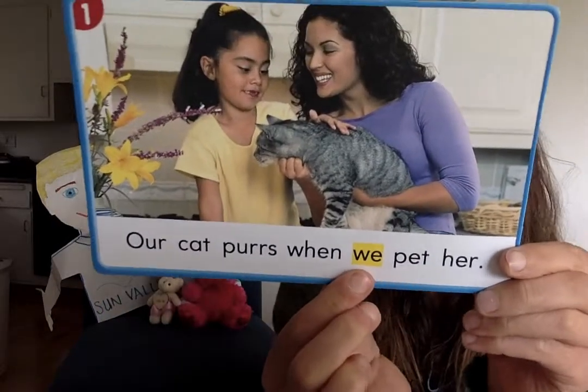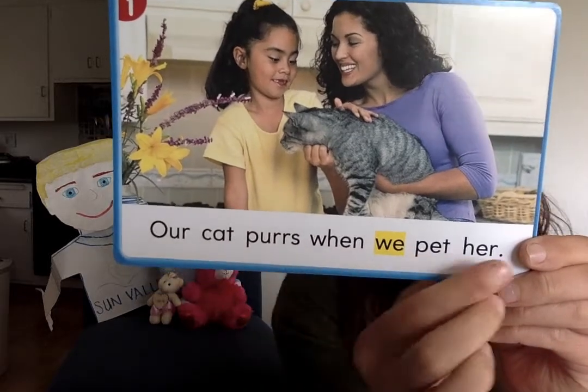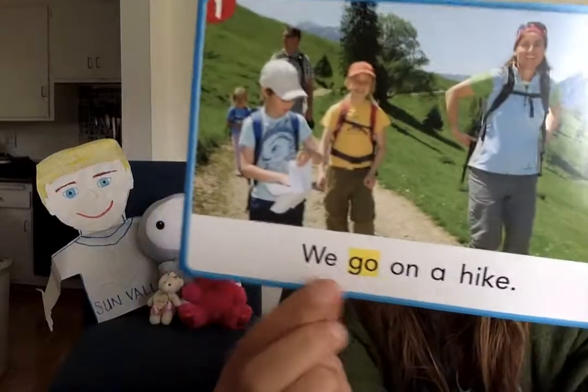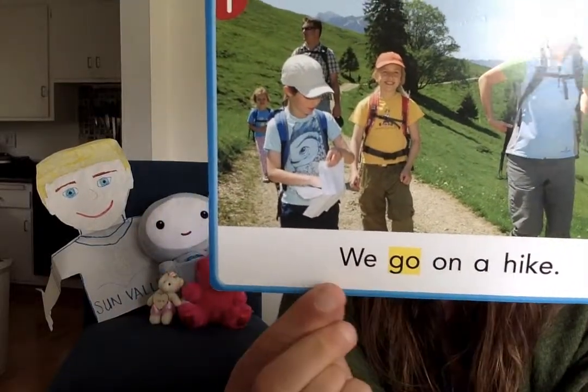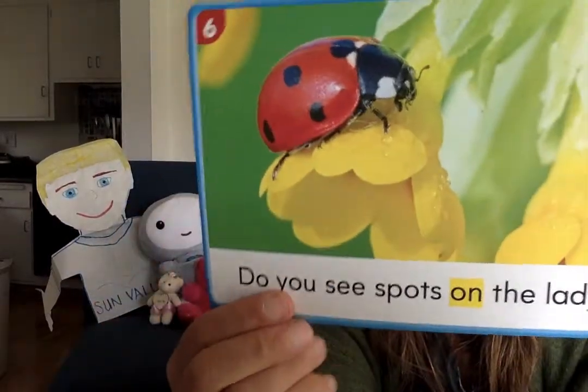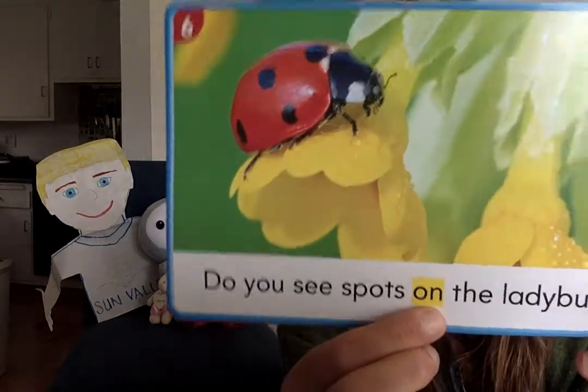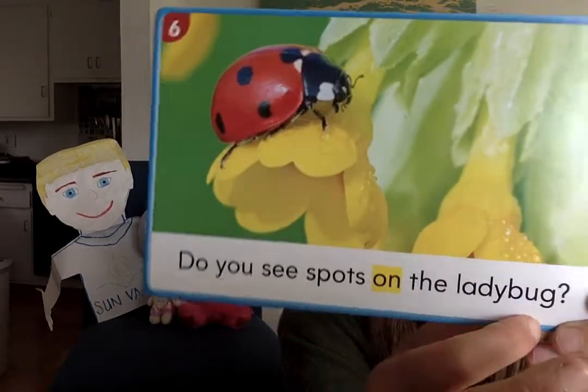The snap word here is we. Our cat purrs when we pet her. Just a few more. The snap word is go. We go on a hike. Do you see spots? Right, on, O-N, on the ladybug?